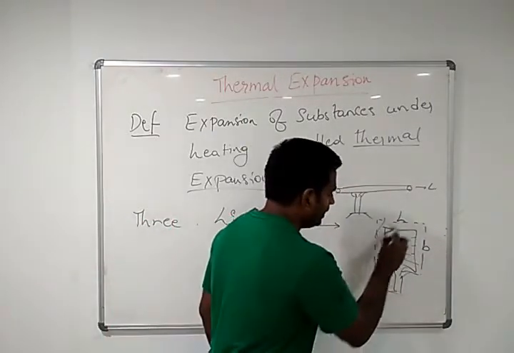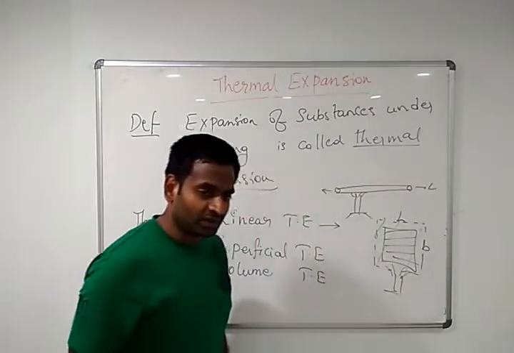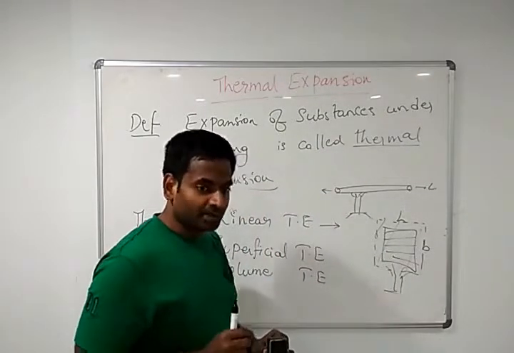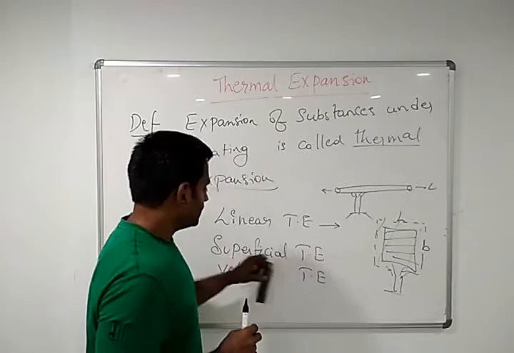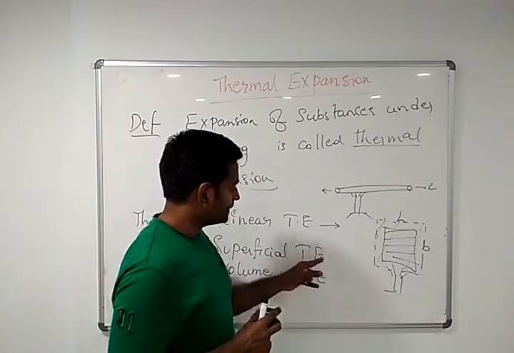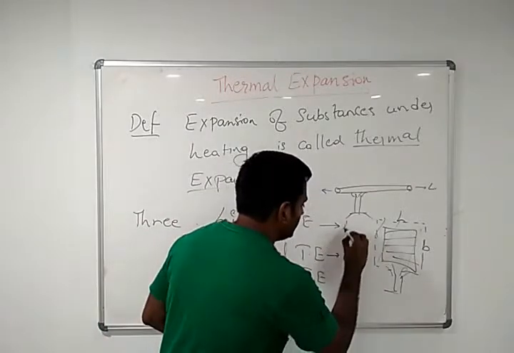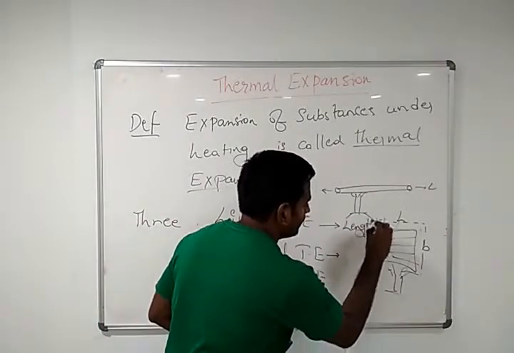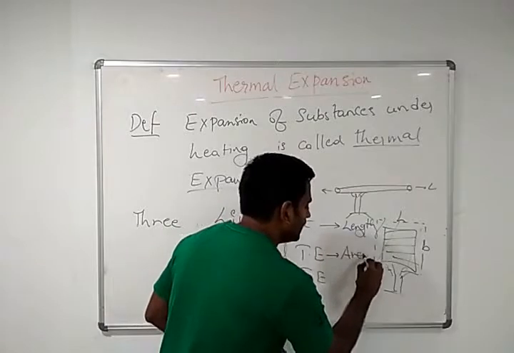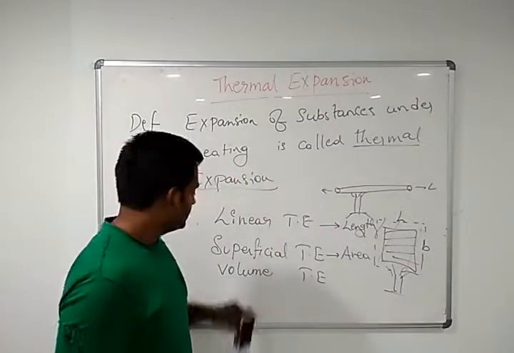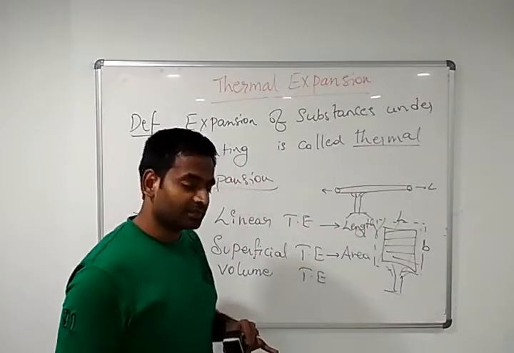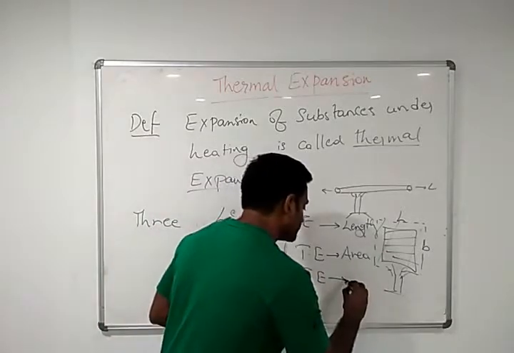That means its area has increased, isn't it? Not just one dimension, two dimensions have increased. So superficial thermal expansion means the area increases, whereas here only the length is increasing. Then it is called superficial thermal expansion.